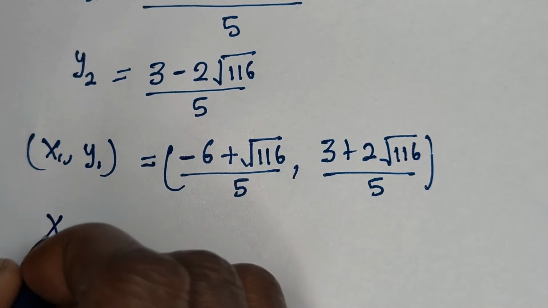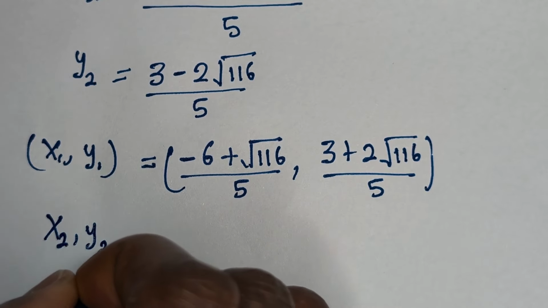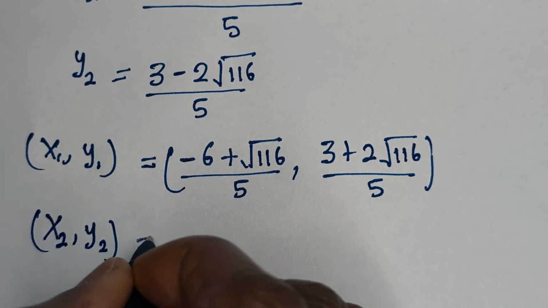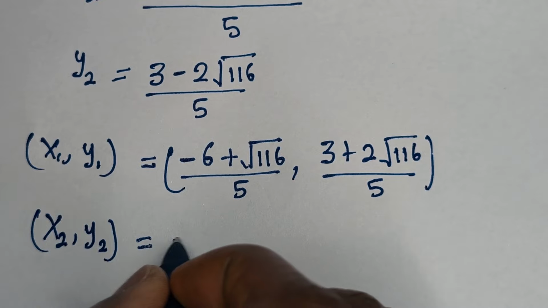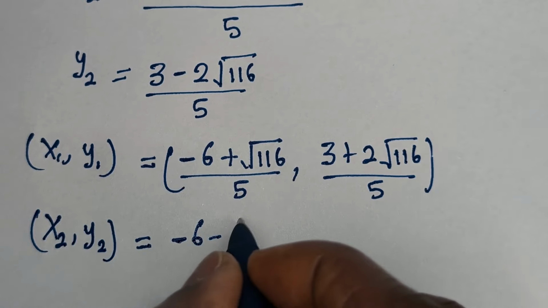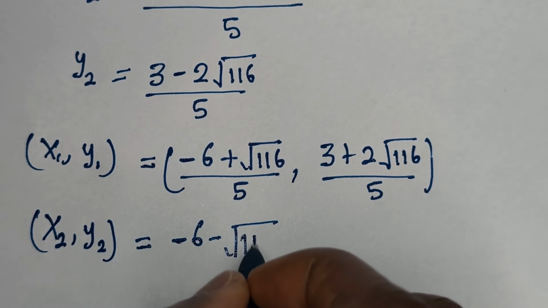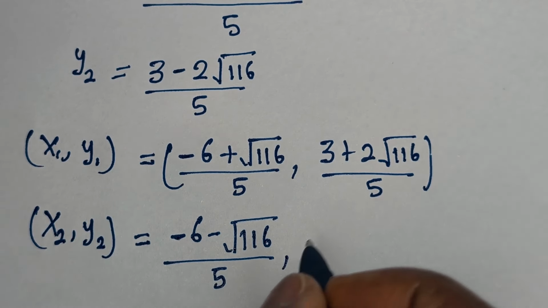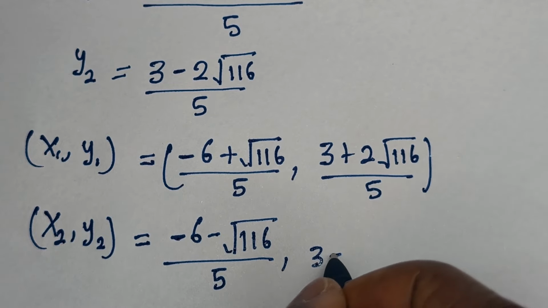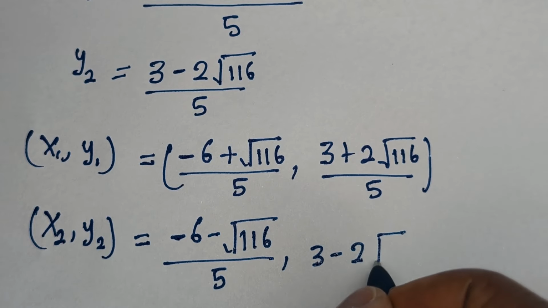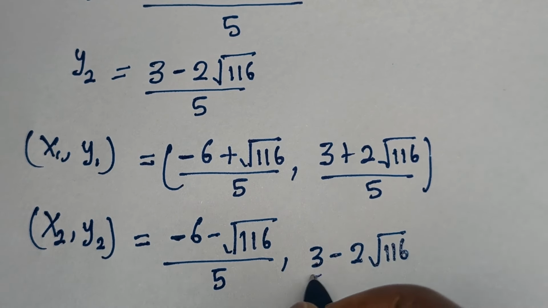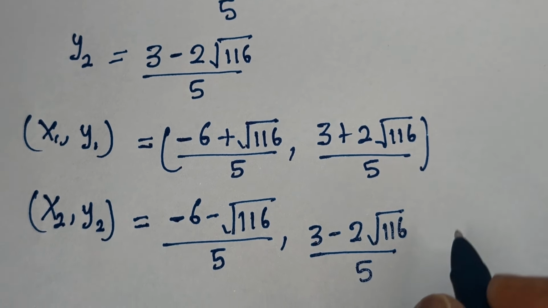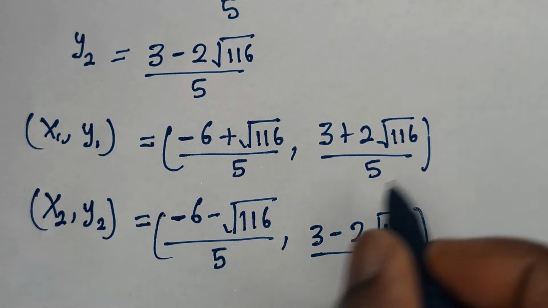Then x2, y2 is equal to minus 6 minus square root of 116 over 5, 3 minus 2 square root of 116 over 5. These are the final answers.